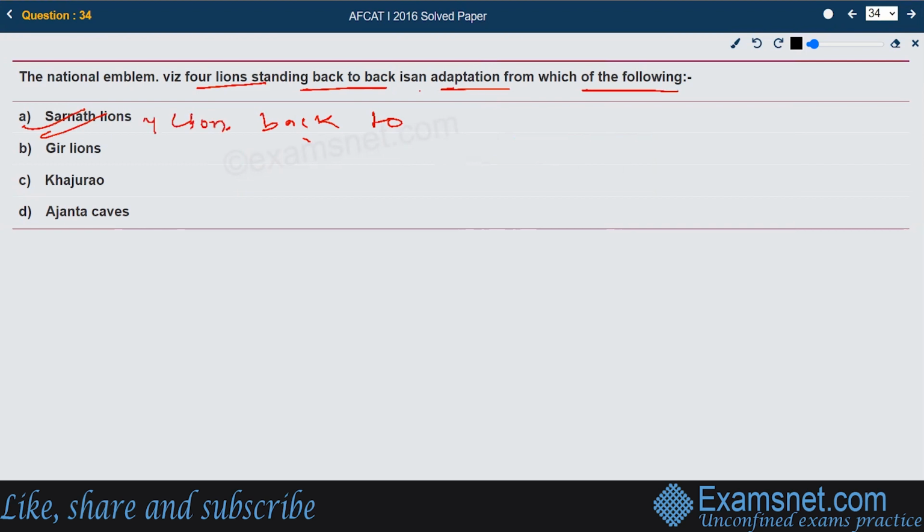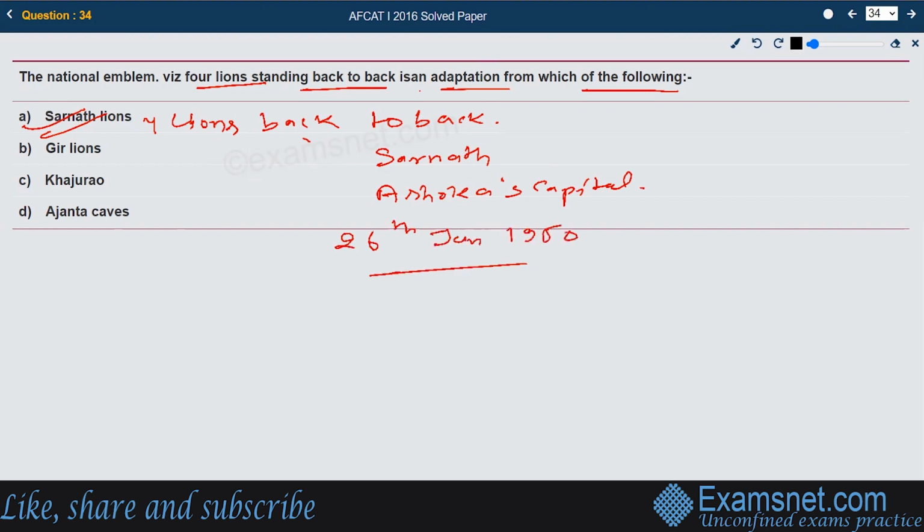Sarnath is famous for being King Ashoka's capital, and this emblem was adopted on 26 January 1950. So the right answer is Sarnath lions, that is A.